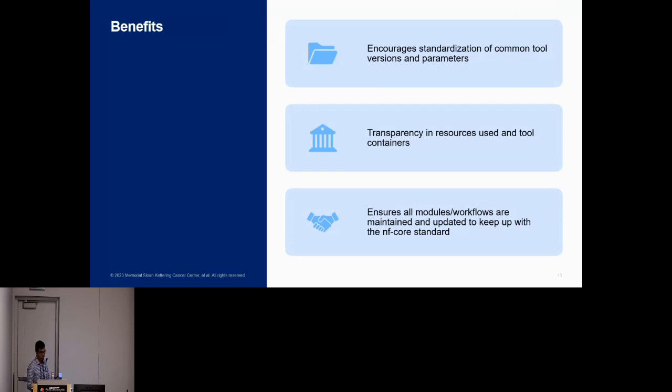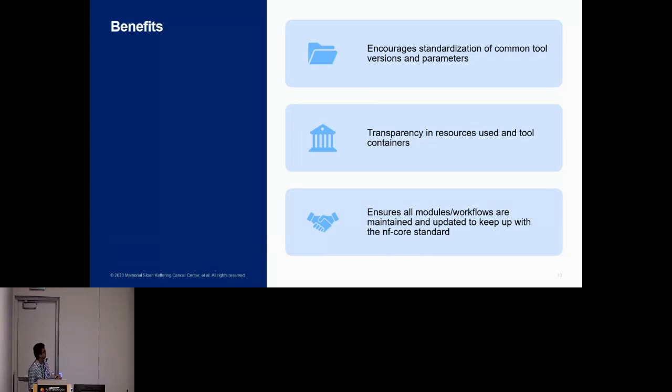Some of the benefits here are that we are encouraging standardization of common tool workflows. Now that everyone is contributing to one repo, we can have discussions of which parameters are optional, which parameters should be required, and what tool version we should use. Let's not have 0.1 differences among our tools. We also add transparency in the resources used with the test dataset and the containers.